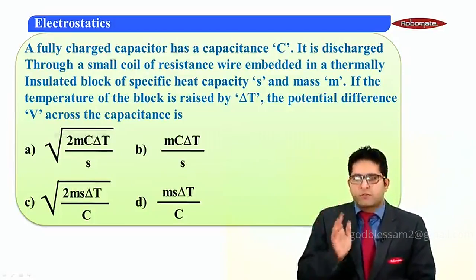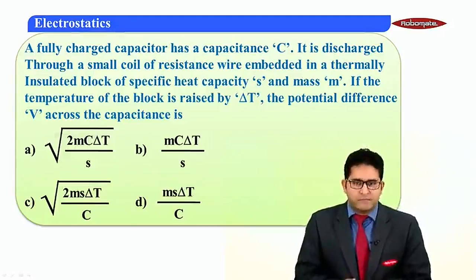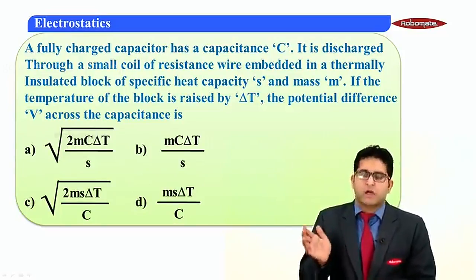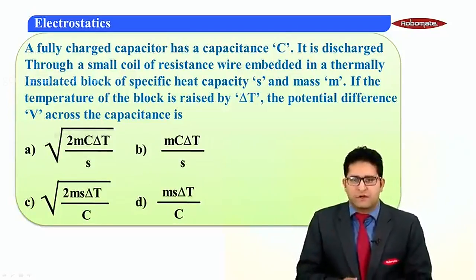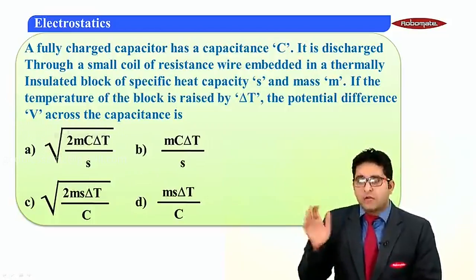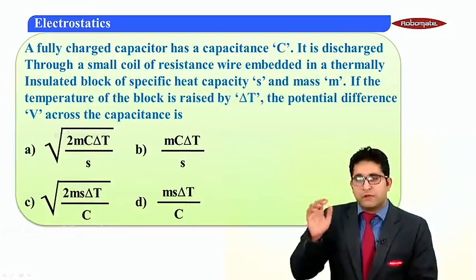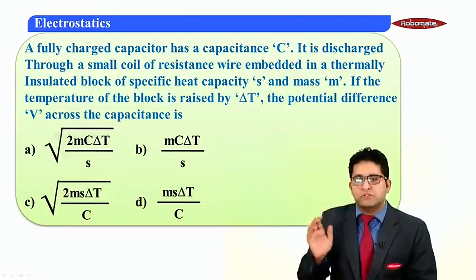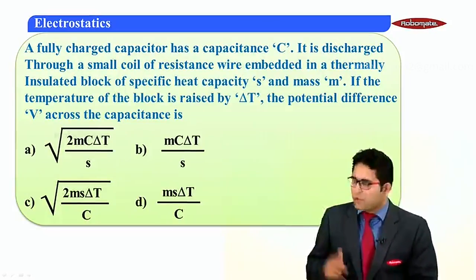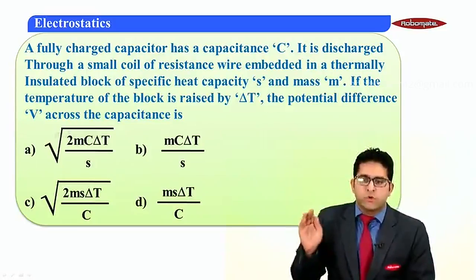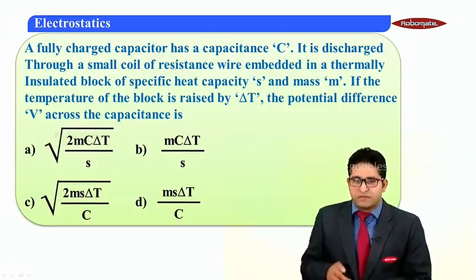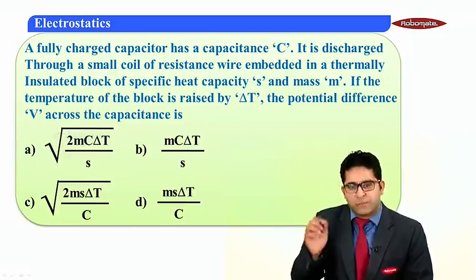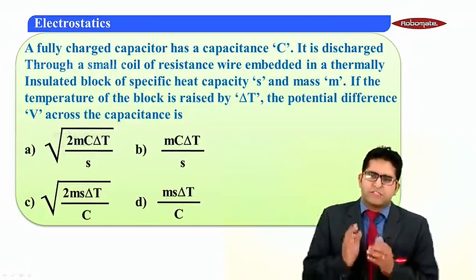If the temperature of the block is raised by delta T, the potential difference V across the capacitance is, right? And the options are: option A, under root of 2m into capital C into delta T upon S. Option B is m into C into delta T upon S. Option C is under root of 2 ms delta T upon capital C, and the last option is ms delta T upon capital C, right? Now students, see carefully.